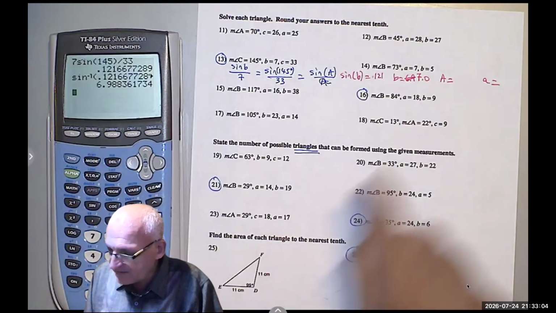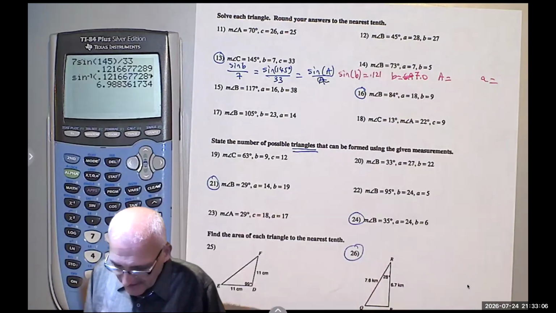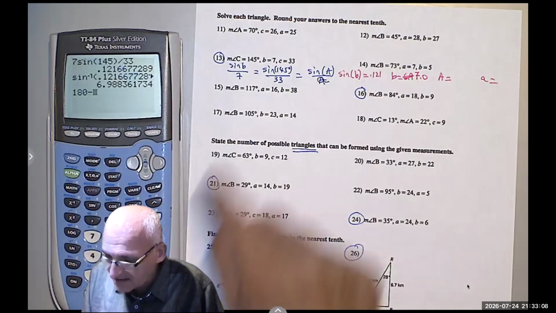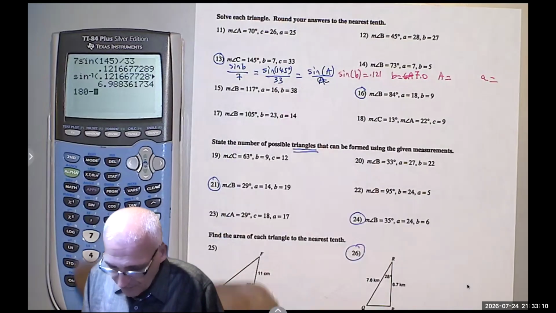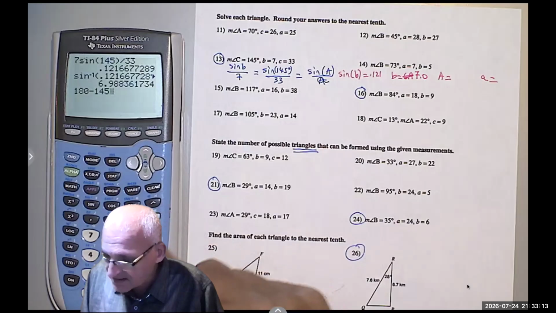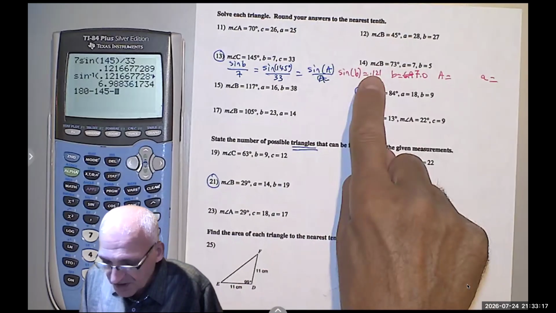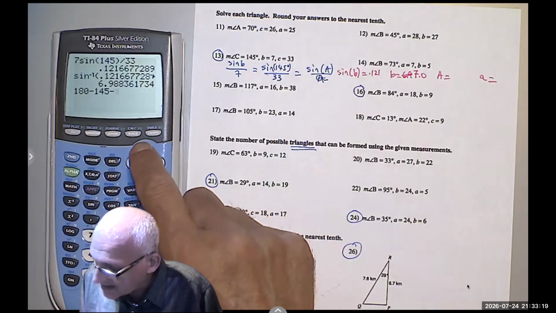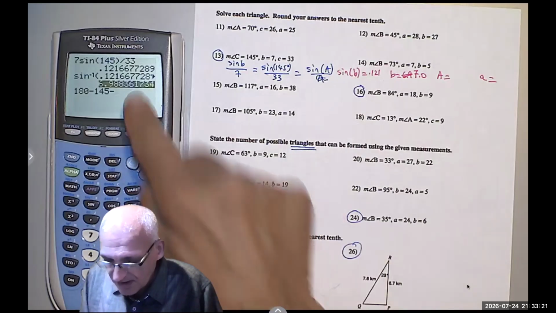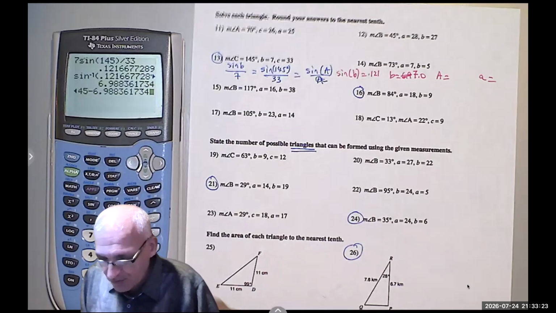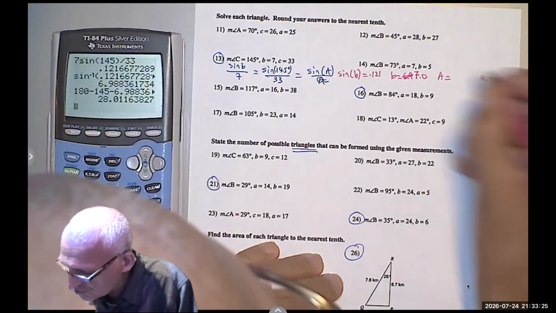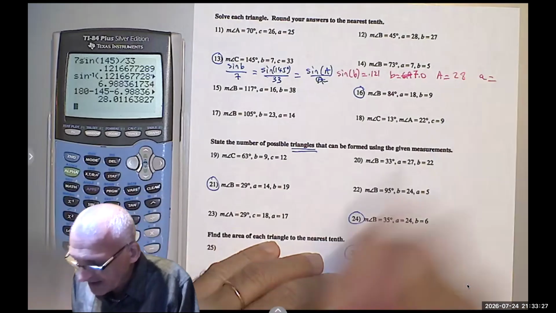Okay, so I found that. Then I would say 180 minus 145 minus the angle B, which is 6.9888, equals, I get 28. So this angle is 28.